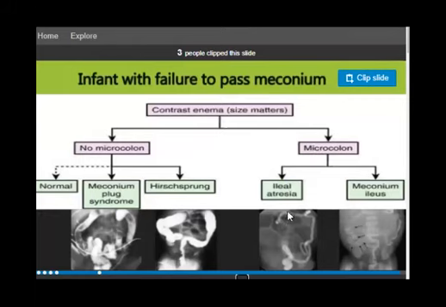If it's microcolon, you have to differentiate either ileal atresia or meconium ileus. If no microcolon, it will be either normal or there is meconium plug syndrome or Hirschsprung with sawtooth appearance. Okay. So this is the differential.